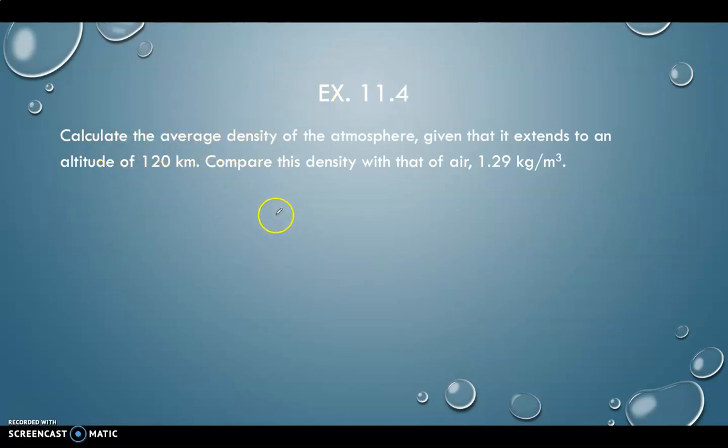Calculate the average density of the atmosphere, given that it extends to an altitude of 120 kilometers, and compare this with that of air, 1.29 kilogram per meters cubed. So the average density of the atmosphere.